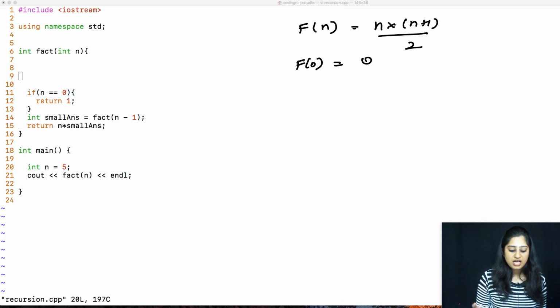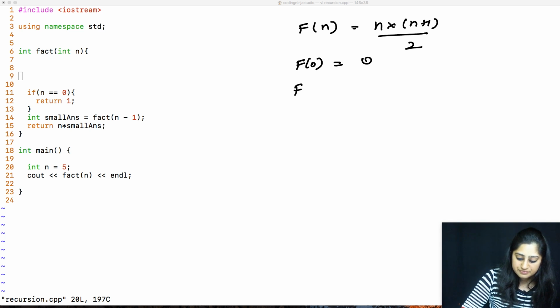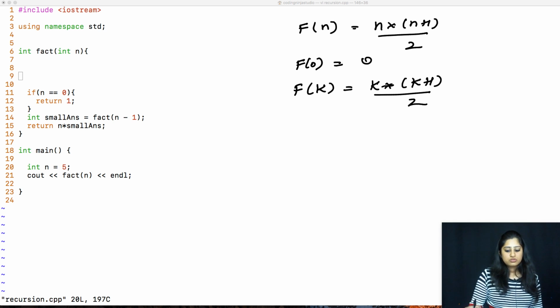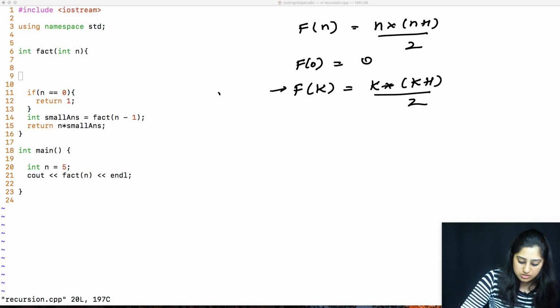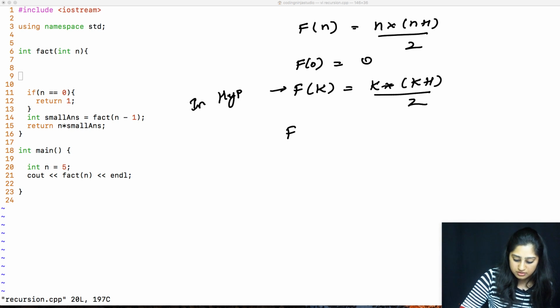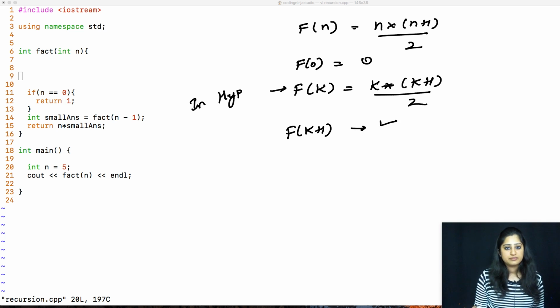So we used to make a hypothesis that the formula will work well for a natural number k. This was our induction hypothesis. So using this hypothesis, we have to prove that the formula is fine for f of k plus 1.